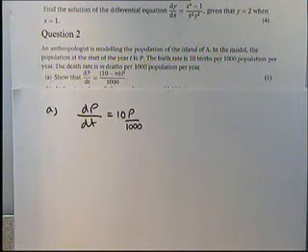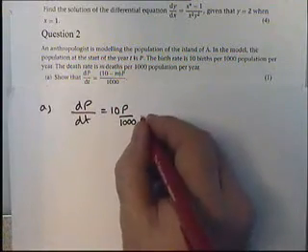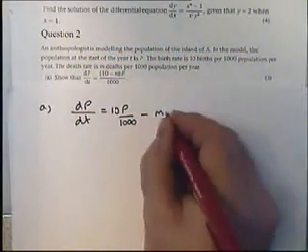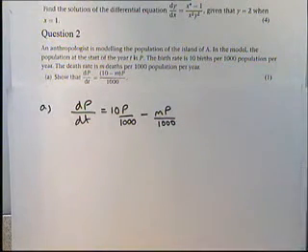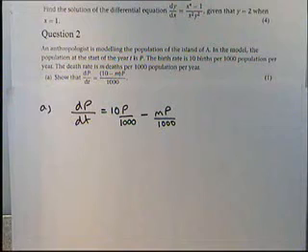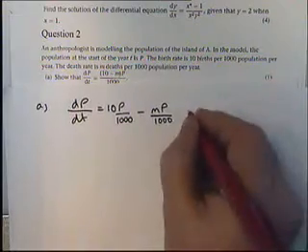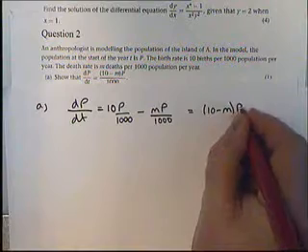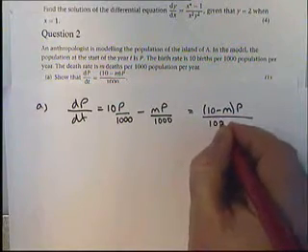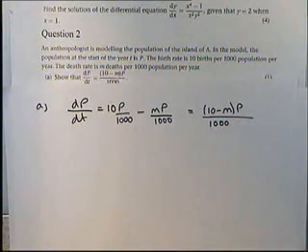But there's also deaths, so you've also got to subtract from that M lots of the population divided by 1,000, so per 1,000 of the population. Okay, and if you now factor that, you get 10 minus M, P over 1,000, as you were asked to do.